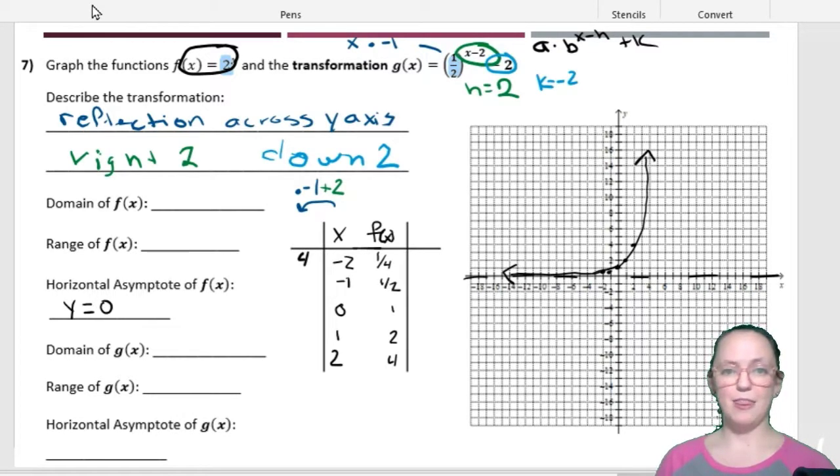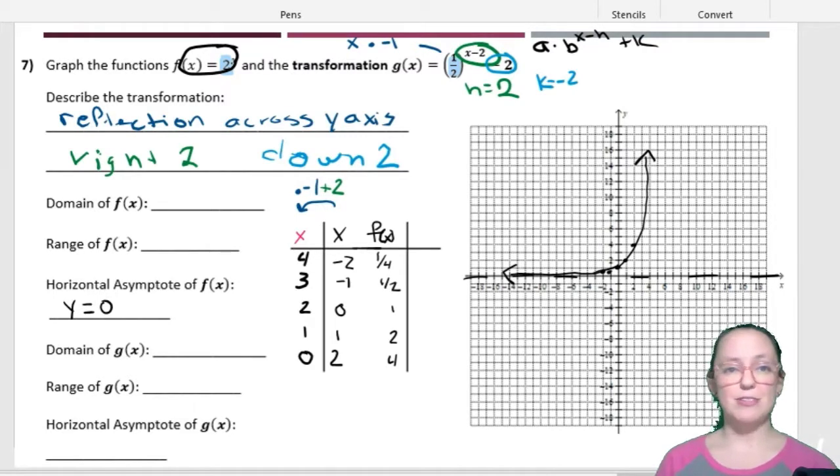Then we're going to have this -1 times -1, so we're going to have +1 plus 2, and we're going to have 3. 0 times -1 is 0 plus 2, and we're going to have 2. +1 times -1, and we get -1 plus 2 is going to be 1, and in this one we're going to get a 0. So this is how we're going to get the x values for our transformed function.